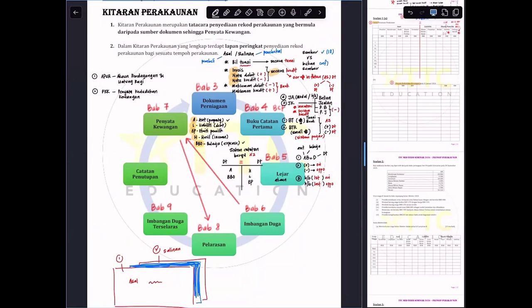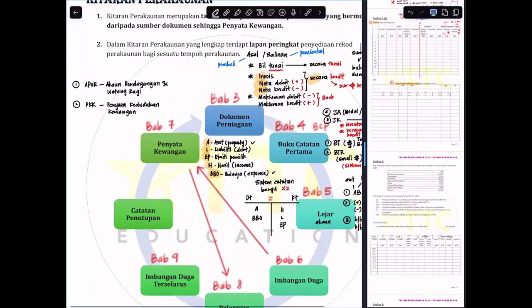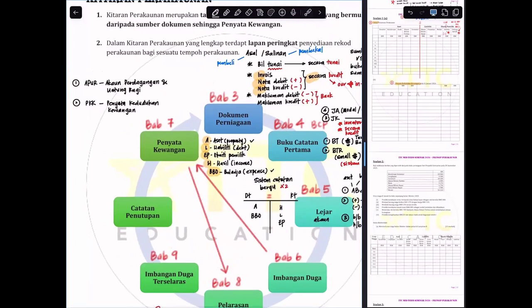For upper PKK, actually we learned the format in chapter 2, but I can't repeat to explain the format again and again because it's too time consuming. I think we took 1 hour to explain about it. So for the notes, for those who need the notes, I will show you the picture later. You can take picture later, huh?